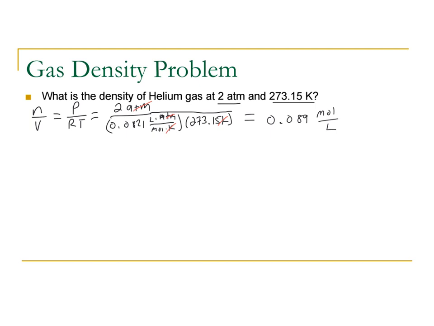I know that this gas is helium, so if I didn't know that, well, then I couldn't solve this problem from here on out. All right, so let me start again with the 0.089 moles per liter, which is that N over V quantity. And I will multiply it by helium's molar mass, which is 4 grams per mole, straight out of the periodic table.